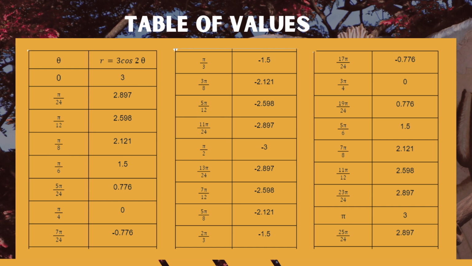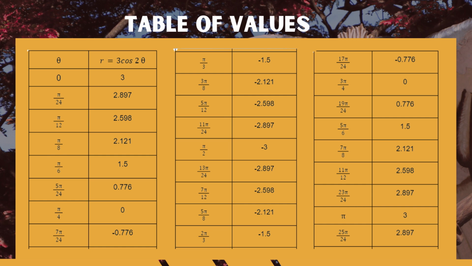If 13 pi over 24, we get negative 2.897. If 7 pi over 12, we get negative 2.598. If 5 pi over 8, we get negative 2.121. If 2 pi over 3, we get negative 1.5. If 17 pi over 24, we get negative 0.776. If 3 pi over 4, we get 0.